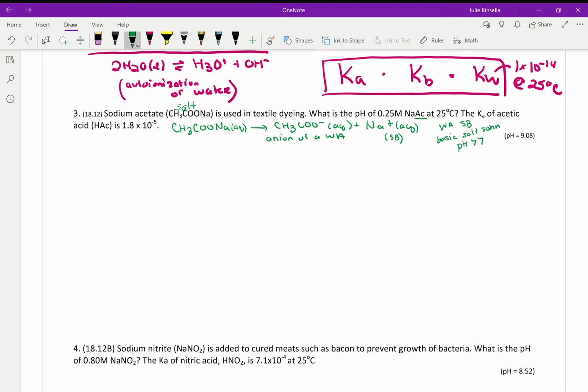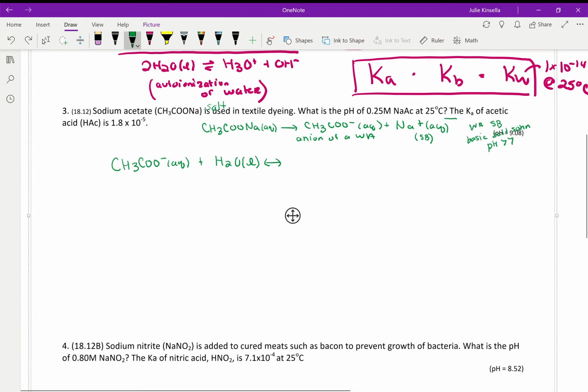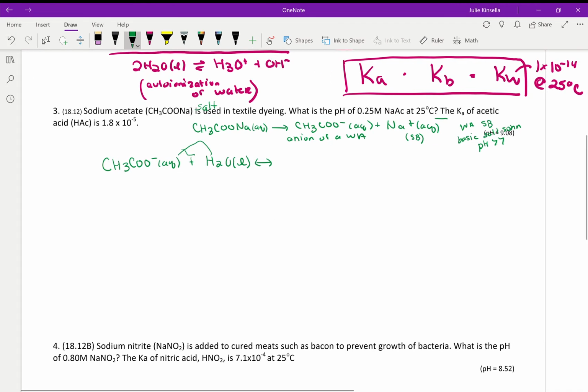All right, so let's get into actually figuring out the calculation. So the step from yesterday that's going to get applied is that actual reaction of the anion with water. So we know that water is going to be donating a proton to the acetate ion.